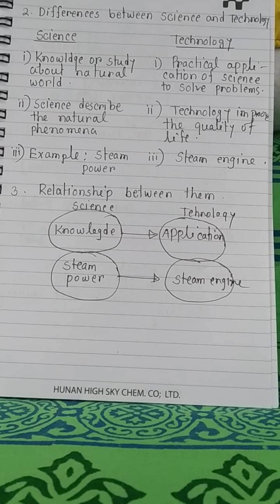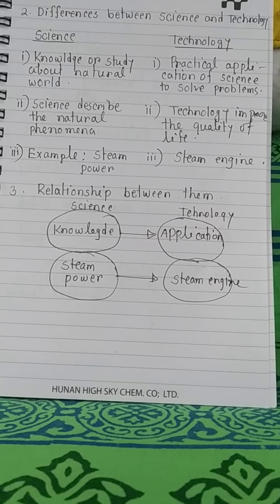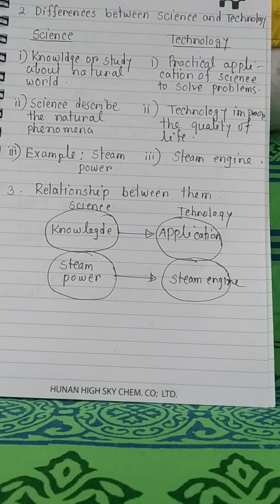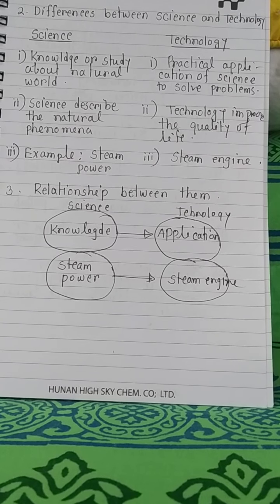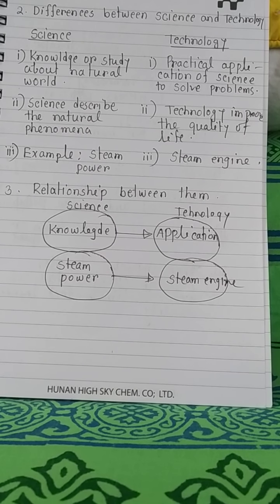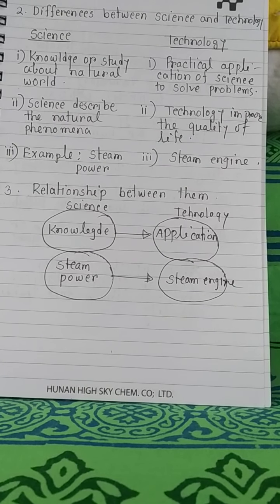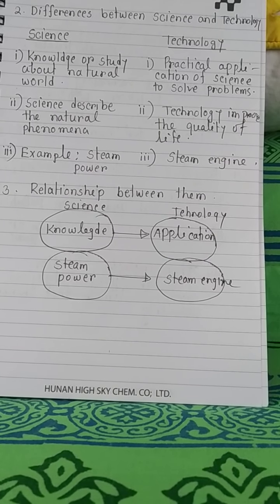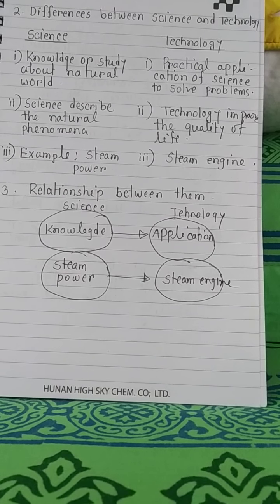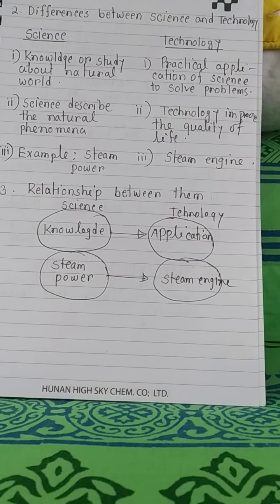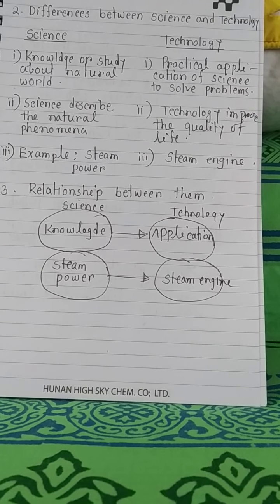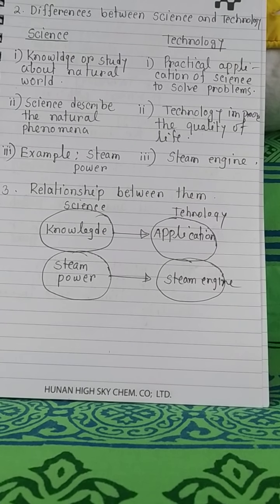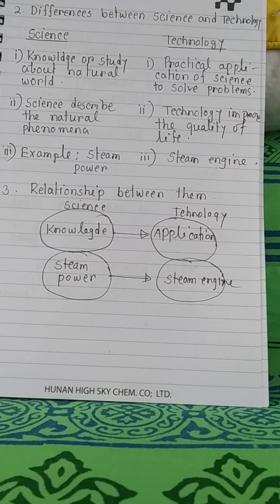If we take an example in point 3, that is steam power. Steam power is the result of scientific study, and the steam engine is the term related to technology which uses steam power for different purposes. Now the relationship between science and technology. If you look back and think about this, you will find a close relationship between them.